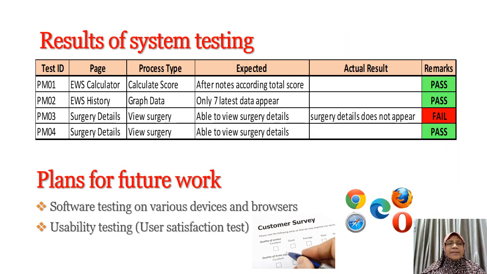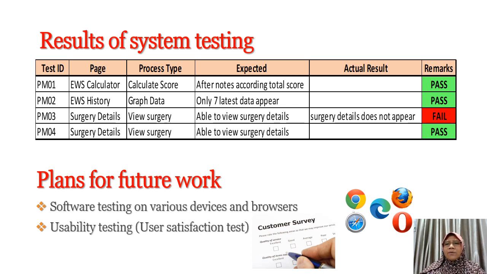The EWS system has been tested. Four tests were conducted. The first one was testing the EWS calculator, where the process of testing was to test the calculation of the EWS itself.